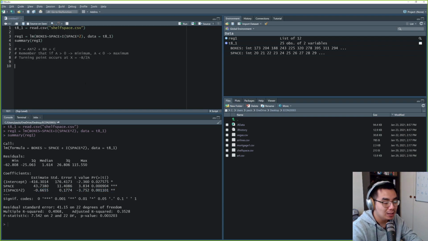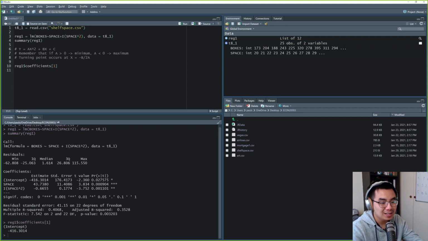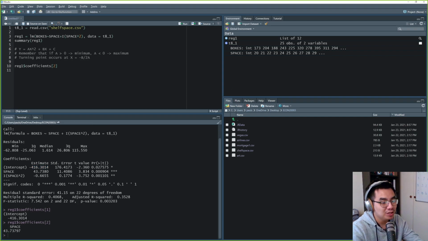So what I'll do here is show you guys a nice trick, which is that if you have reg 1, if I do reg 1, $ coefficients, and in the square brackets, I just put 1, you see it actually returns the first coefficient, which is the intercept term. 2 in here returns the second coefficient, so on and so forth. All right.